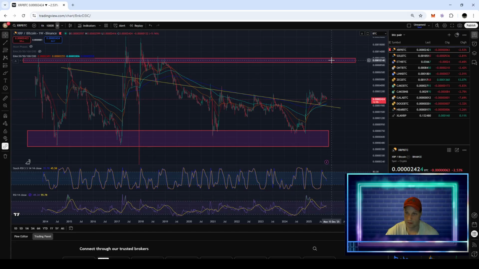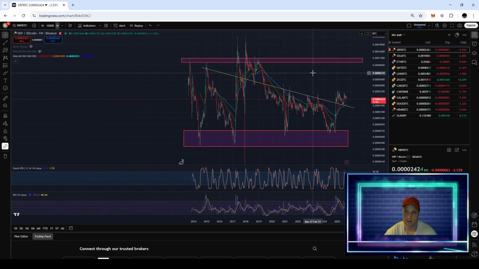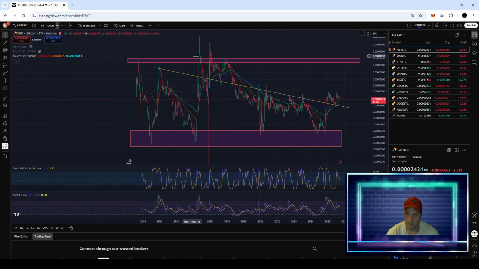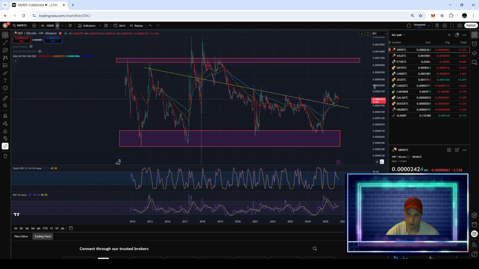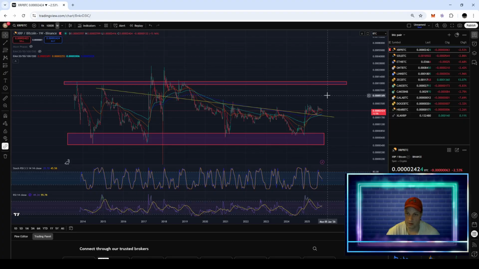But if, let's say, Bitcoin goes to 200K this cycle and we touch this upside, then you're really looking at targets above $15. So that's why it's very important to zoom out and take a look at the XRP Bitcoin chart. This is how a lot of whales trade. They rotate their Bitcoin into different altcoins, basically to generate more Bitcoin, which is their main purpose. So quite an interesting chart.